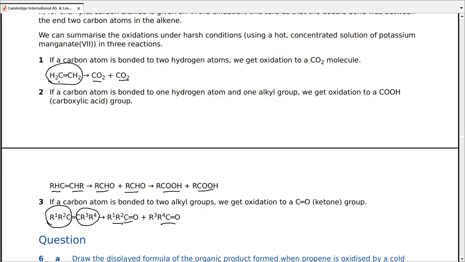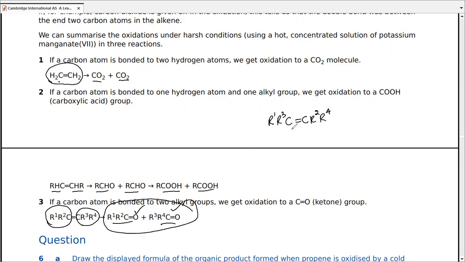Now, students tend to go with this simple arrangement, and in past papers, I'm specifically going to quote paper one here, they come up with a slightly different, trickier arrangement. For example, they come up with R1, R3, C double bond C, R2, R4, and then they give this kind of option as an answer. They tend to go with this one.